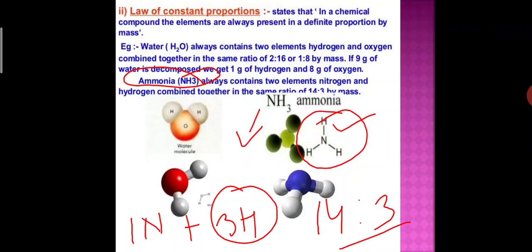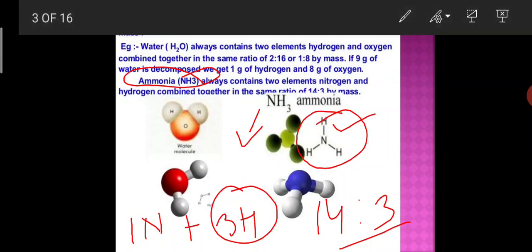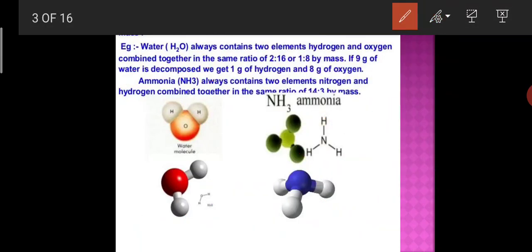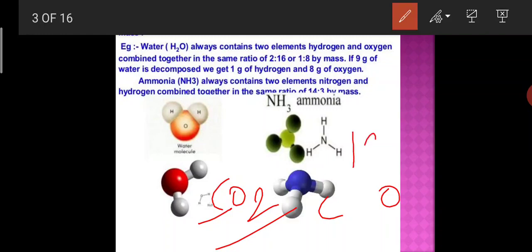So students, you can find out the ratio of carbon dioxide. Carbon dioxide is made from two elements, carbon and oxygen. Can you find it out? Okay, let's try. What is the atomic mass of carbon? 12.